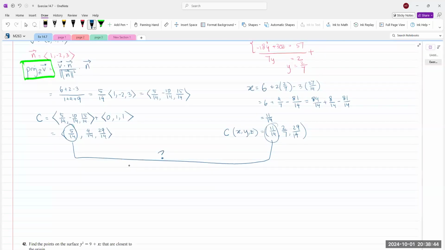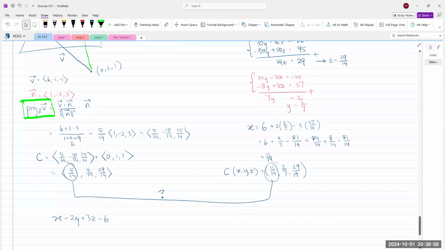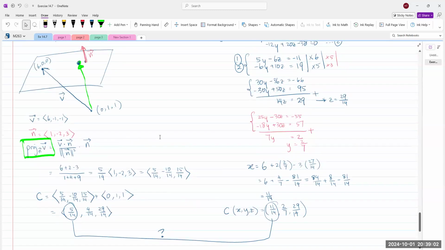One way to check is this coordinate is supposed to be on the plane, right? So it's supposed to satisfy x minus 2y plus 3z equals 6. So 8 minus 3 is 5. It's supposed to be on that plane.